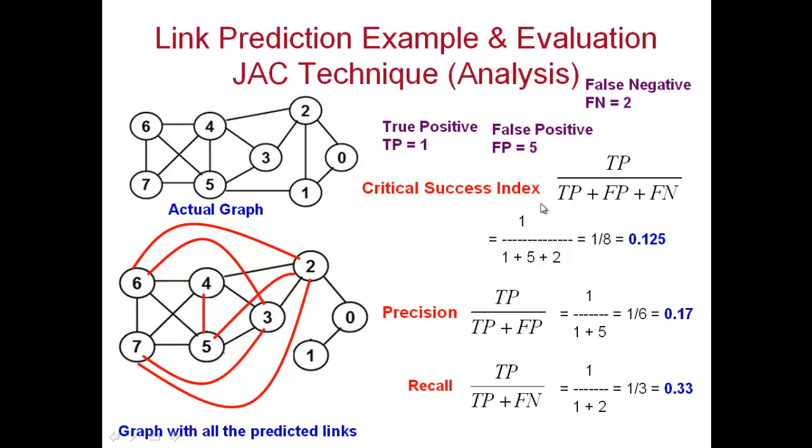So the critical success index is 1 over 1 plus 5 plus 2, which is 1 over 8, which is 0.125. Precision is true positives divided by true positives plus false positives, so 1 over 6, which is 0.17. Recall is true positives divided by true positives plus false negatives, so that's 1 over 1 plus 2, which is 1 over 3, which is 0.33.